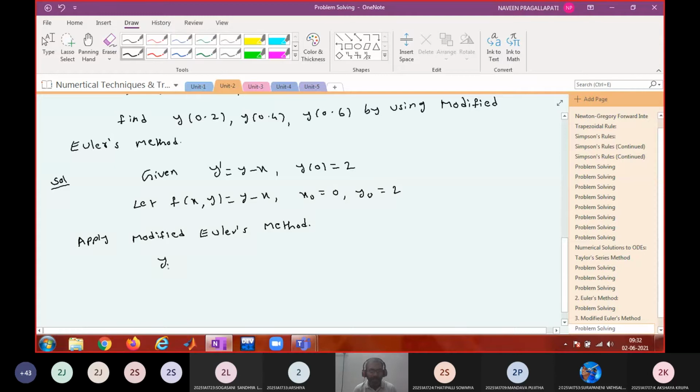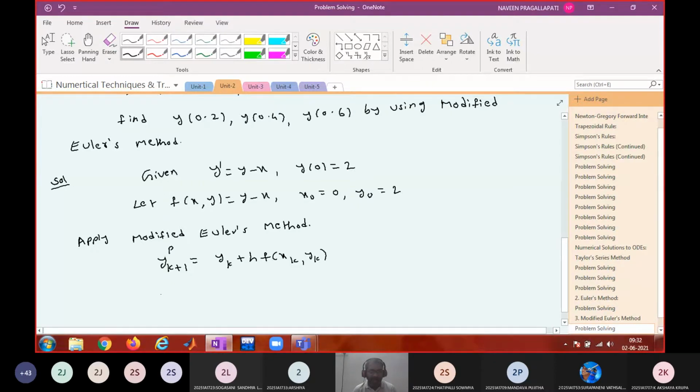So yk plus 1 is equal to yk plus h into f of xk comma yk. This is yk plus 1 predictor, right?